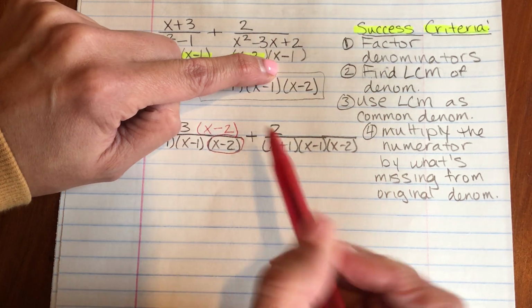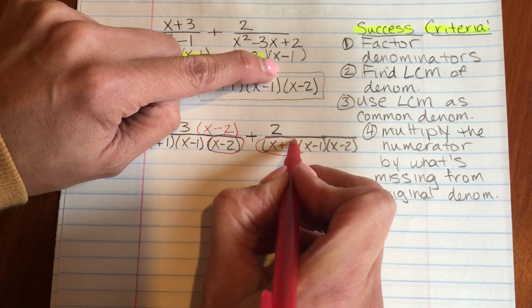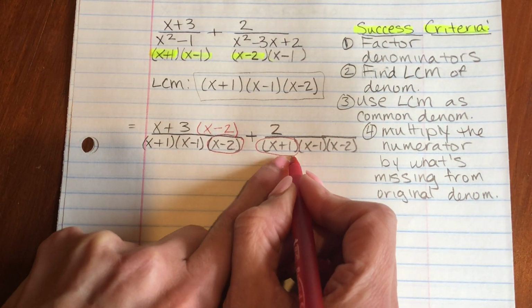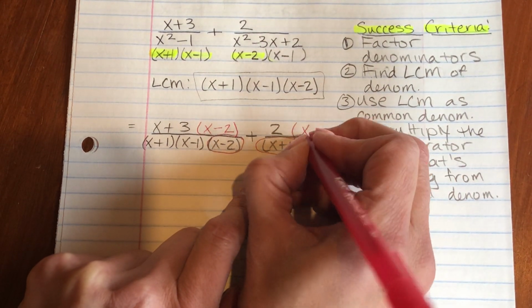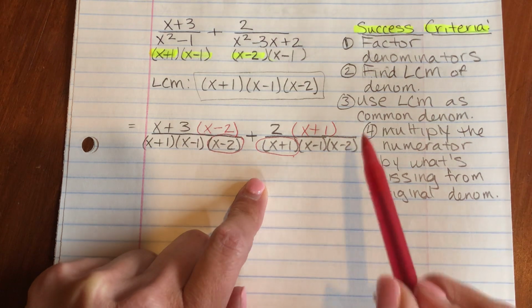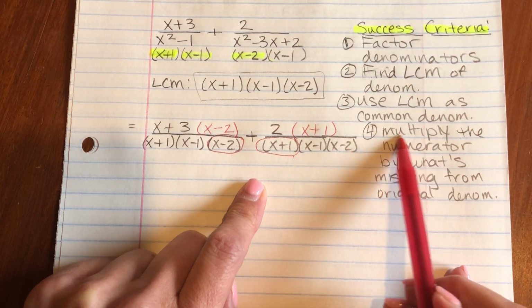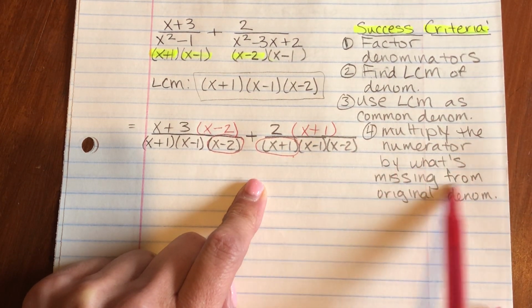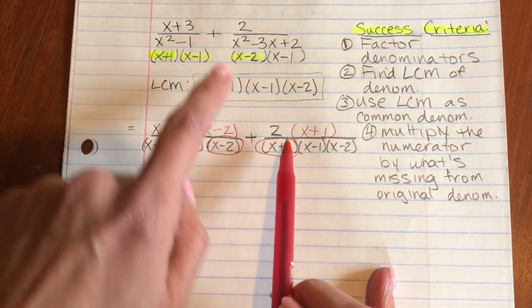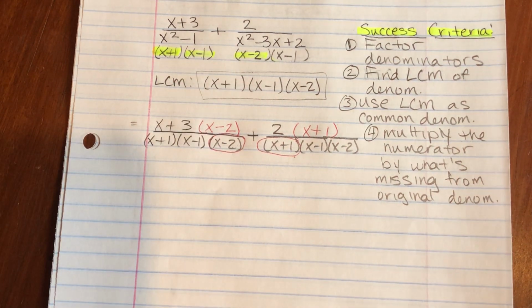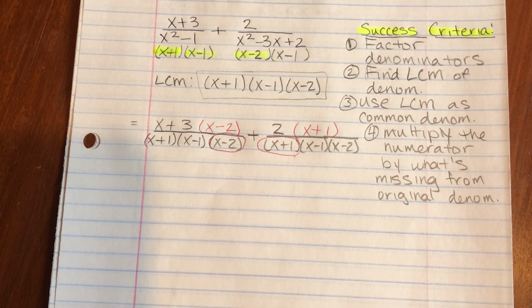What's missing is this x plus 1, and that's what I need to multiply to the numerator. So that's the 4th step. Multiply the numerator by what's missing from the original denominator.